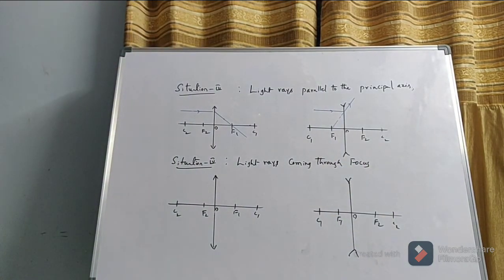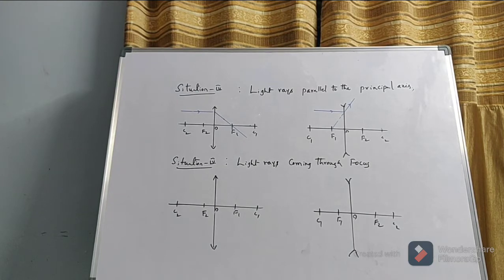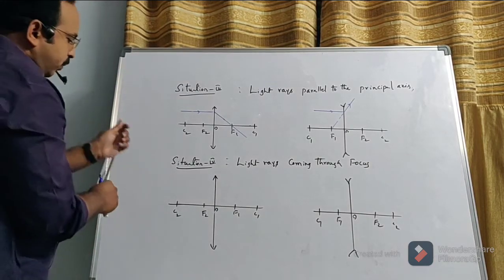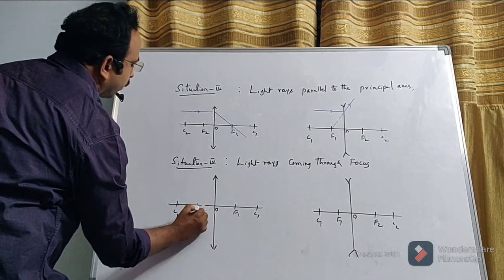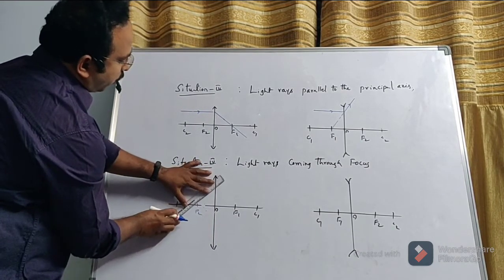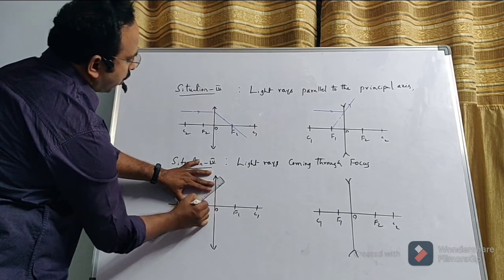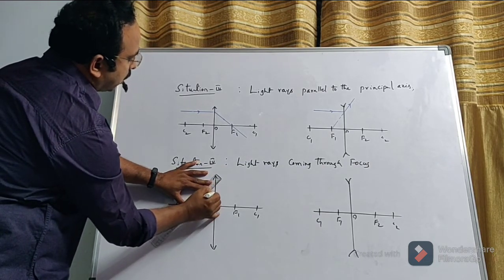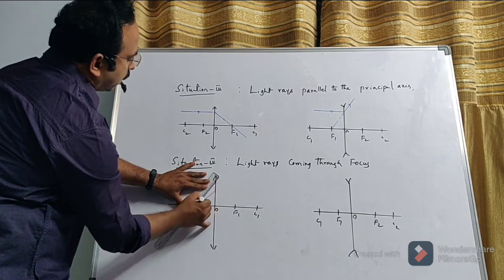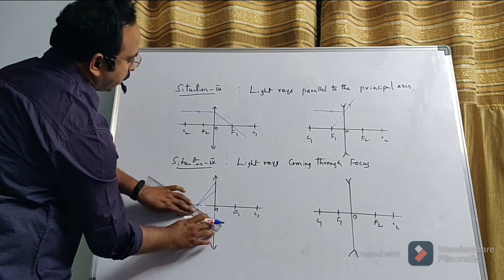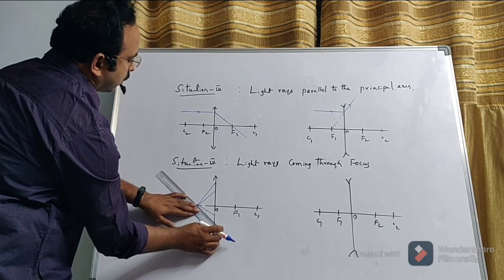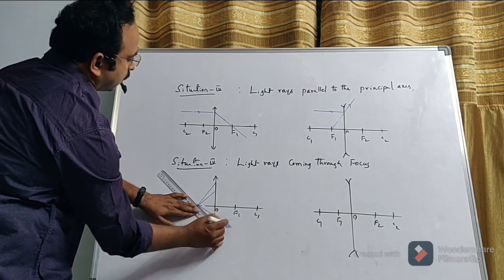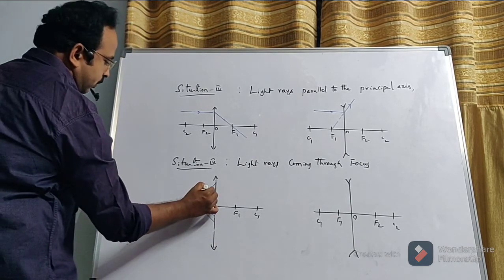So look at here, in this case, the light ray is coming from focus. If you take this point, for example F2, light rays are coming from focus like this. It is coming from focus here and here like this, and in this case it is coming through focus.